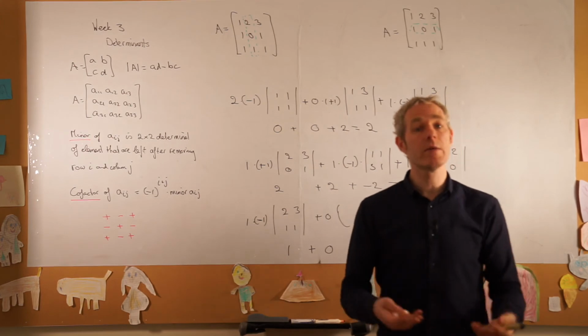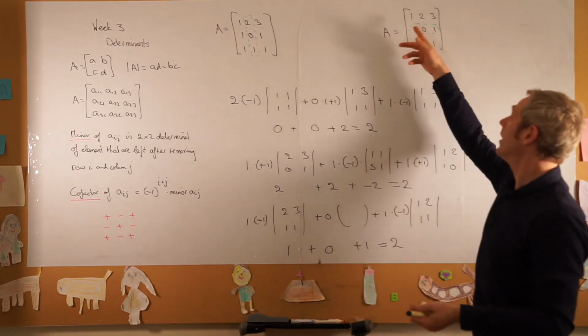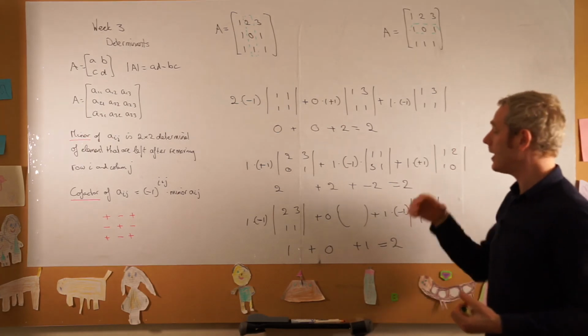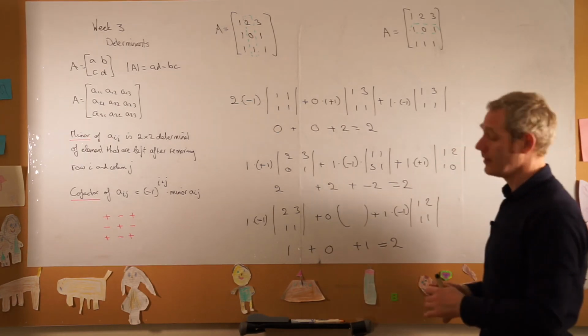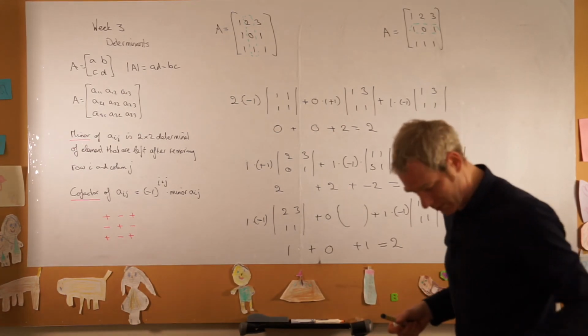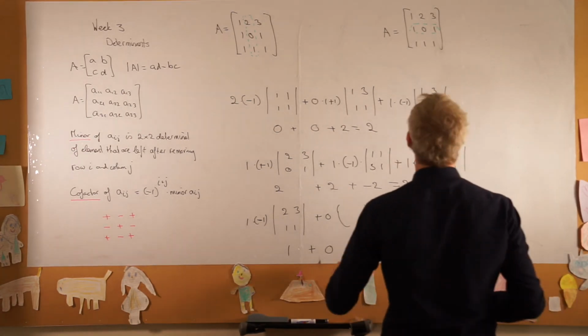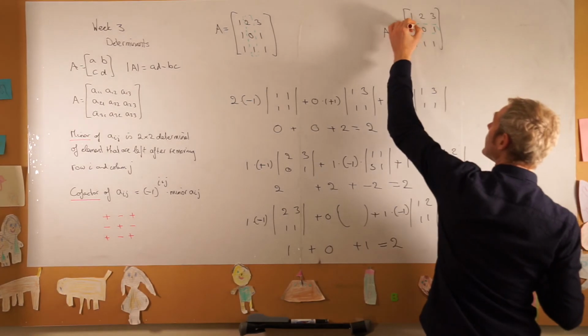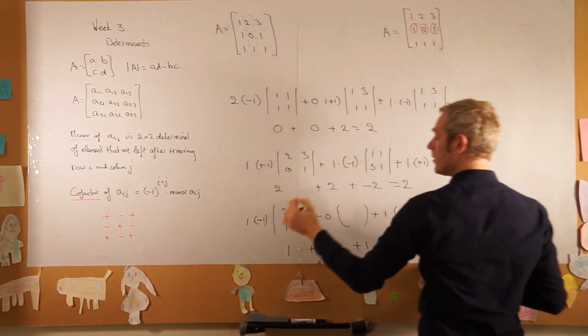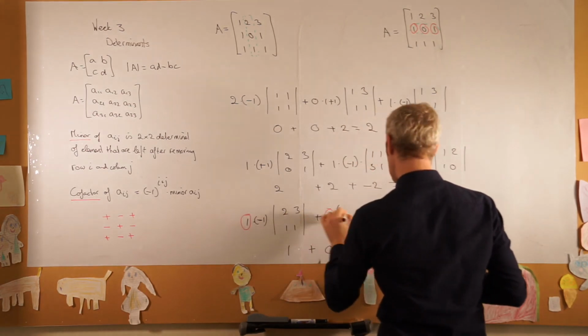So we've seen three ways, well, three rows or columns, to determine our determinant. If we take, for example, this second row, these elements correspond to these elements.